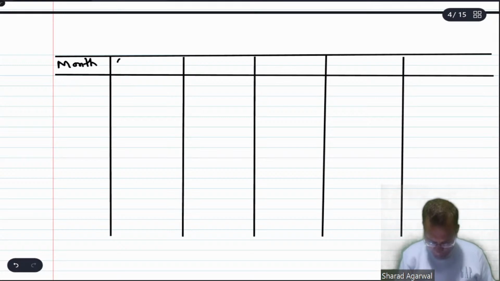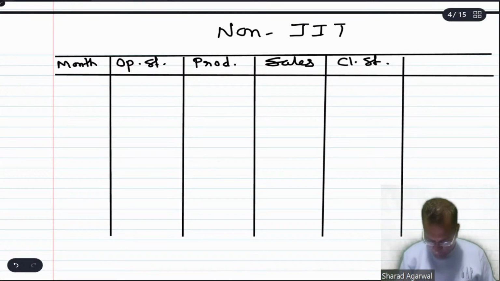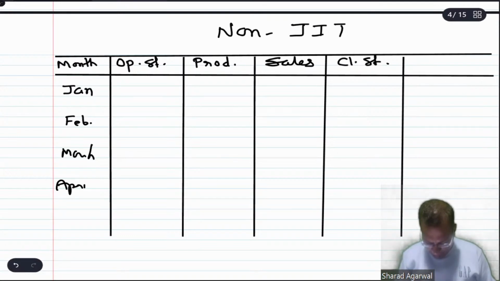Month, opening stock, production, sales, closing stock. ओके, हम ये नॉन जीआईटी में निकाल रहे हैं बेटा. जनवरी, फरवरी, मार्च, अप्रैल, मई and June.